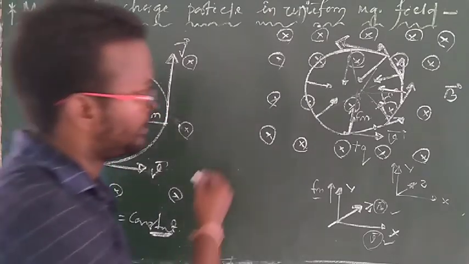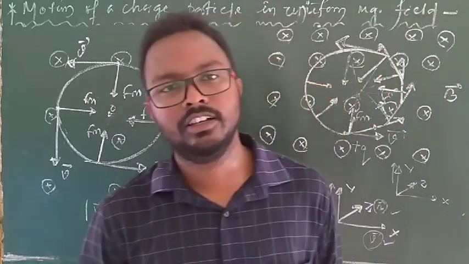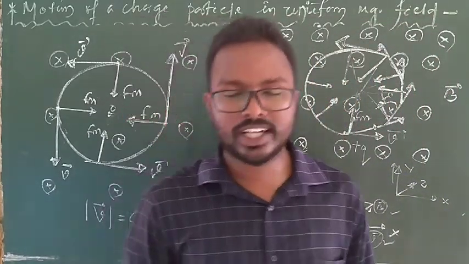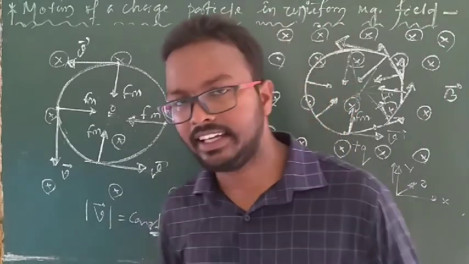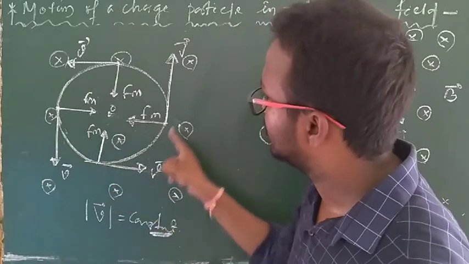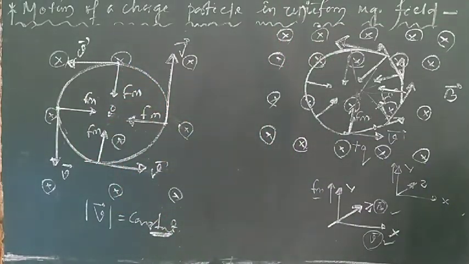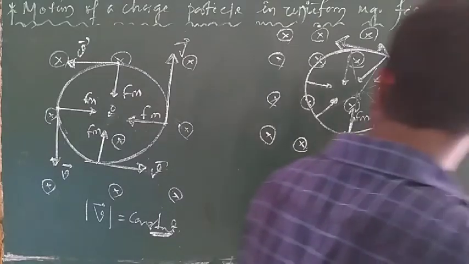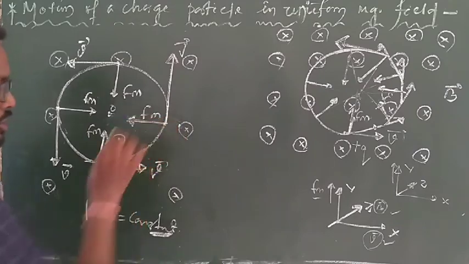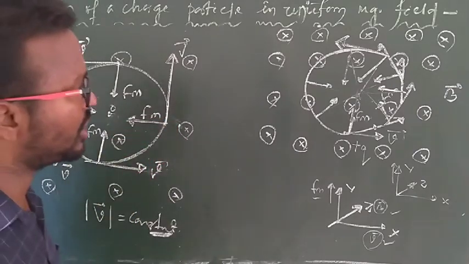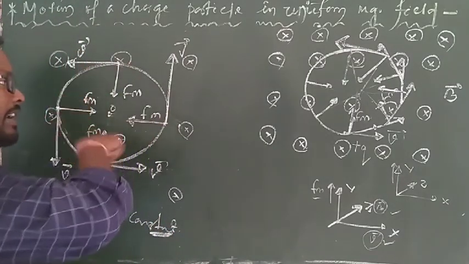That means from this model we conclude that if a charged particle is moving perpendicular to the direction of the magnetic field, then the path, the trajectory, of the charged particle is circular. Clear? So here the magnetic force influences the charged particle to move in a circular path.